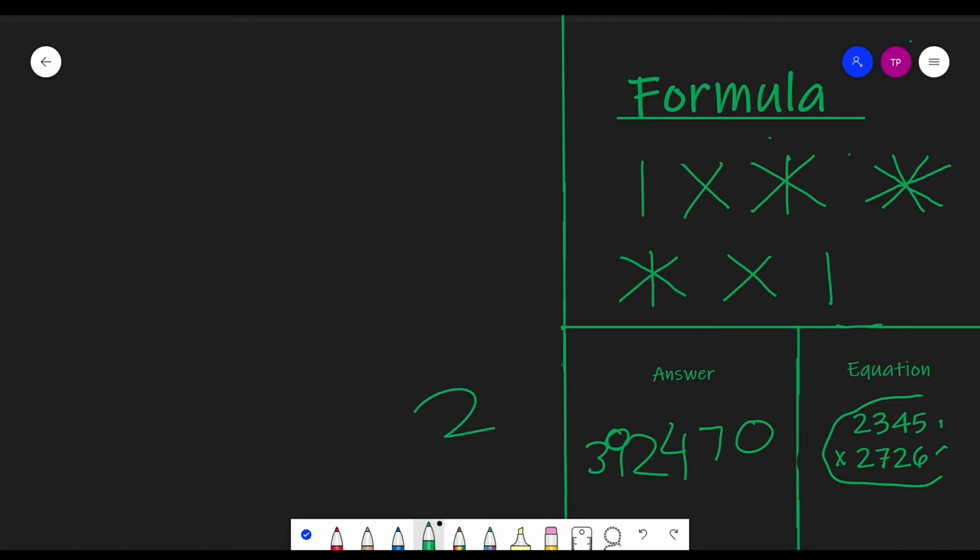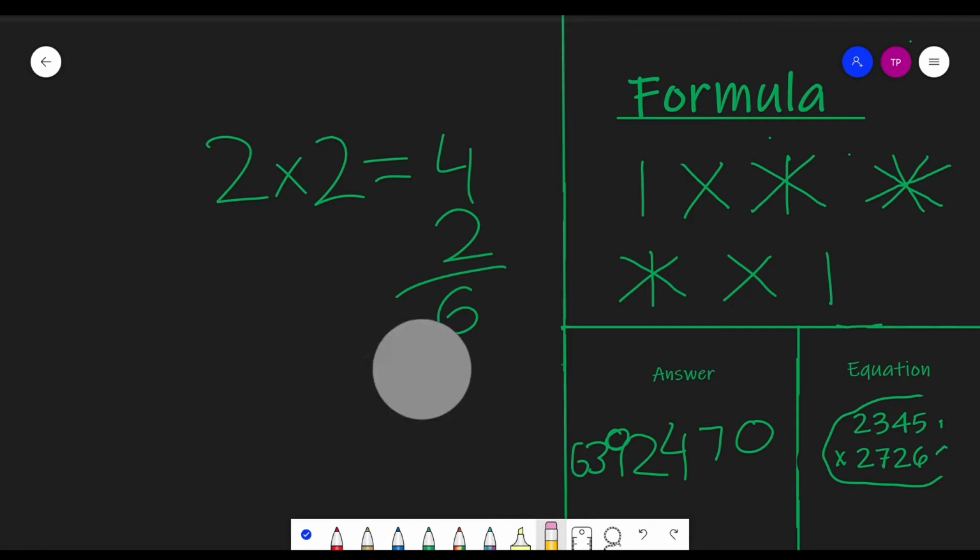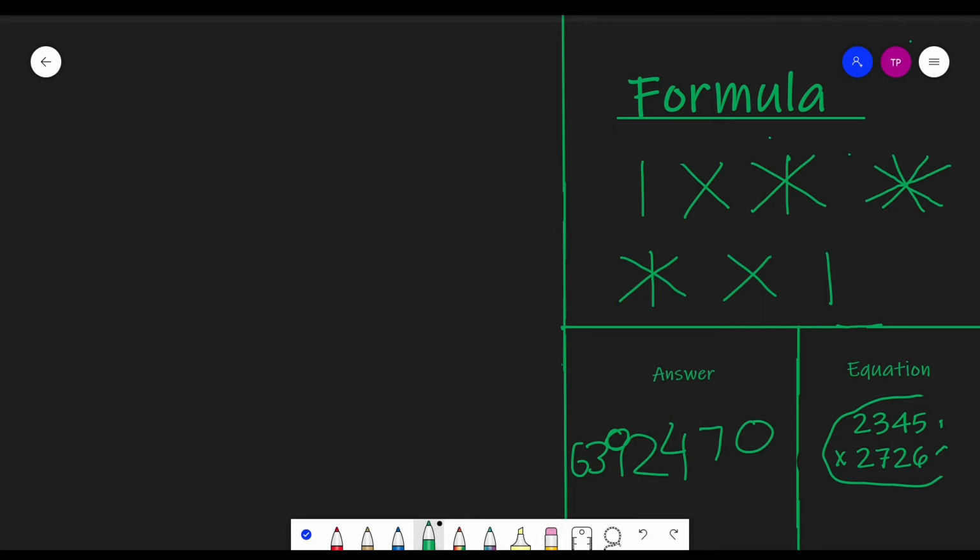And when we carry forward the 2, our last step is going to be 2 times 2, which is 4. Add that 2, we'll get 6. And the answer is kind of clumsy here, but I'm going to write it right where we're solving the equation, which is 6,392,470.